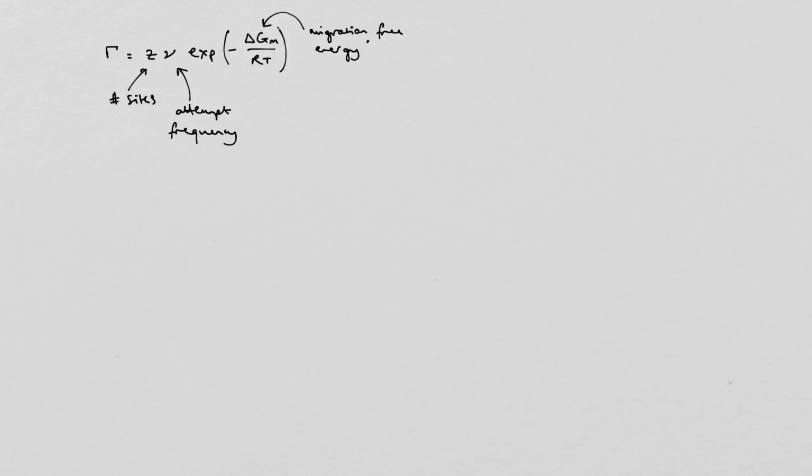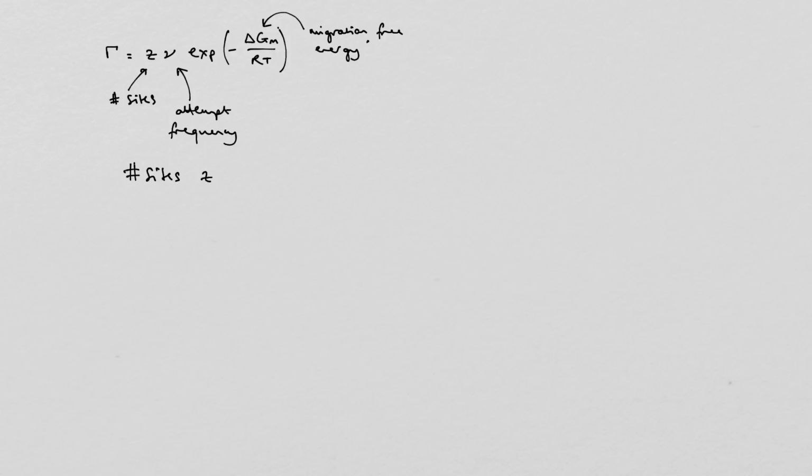Now, the number of sites, Z, this is the number of sites that are available for the atom to jump into. So Z now needs to be replaced by not just simply counting. With the interstitial diffusion, we simply counted the sites because they were always all available.